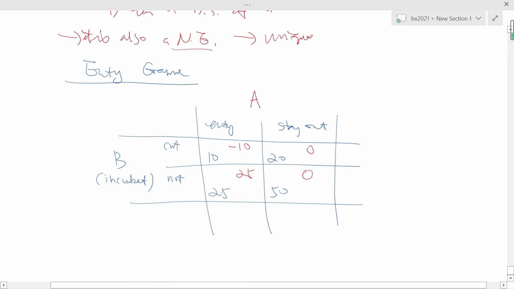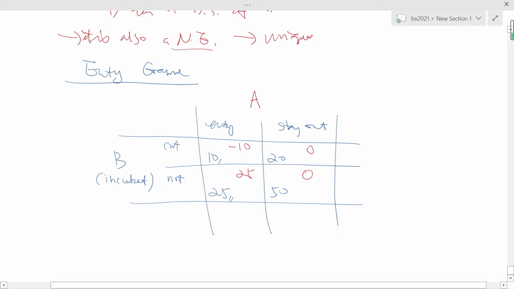All right, what's the outcome of this entry game? Let's check for Nash equilibria. You can check that this is not a Nash equilibrium: A enters the market, B cuts price, because given that A enters, B will deviate from cut to no cut, because deviation will increase its profit from 10 to 25.